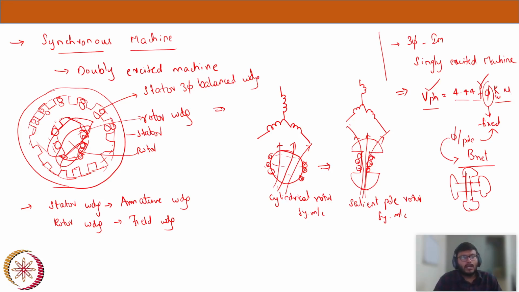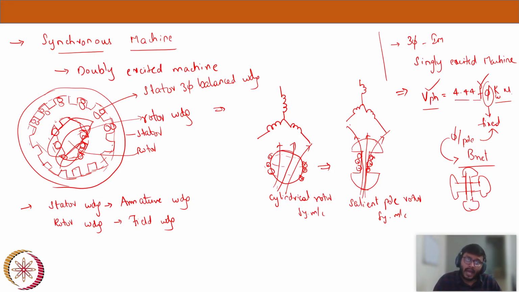We have seen 200, 300 kilowatt induction machines, but the synchronous machine can go up to megawatts. If you see some industries, you can see megawatt rated motors there. Now, why is this difference?